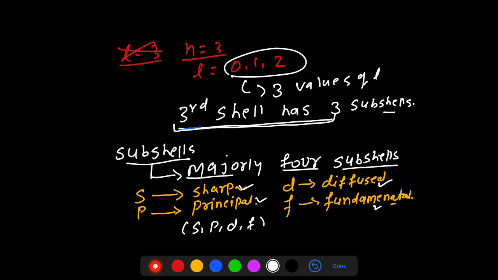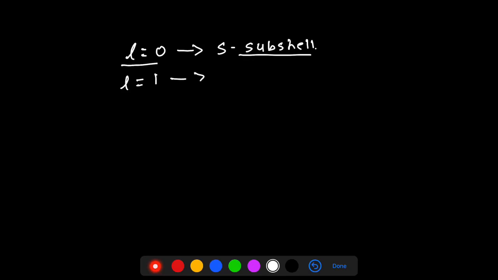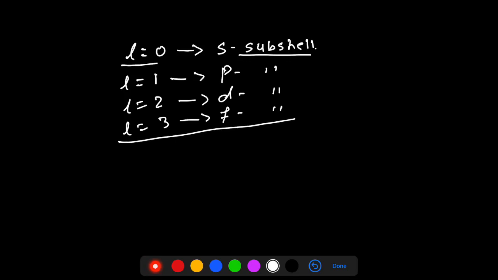Now, since they are subshells, they must have some relation with the azimuthal quantum number. Why? Because the azimuthal quantum number deals with the subshells only, right? So remember, if the value of L is 0, it's the S subshell. The S subshell will always have L equals 0. L equals 1 is the P subshell.